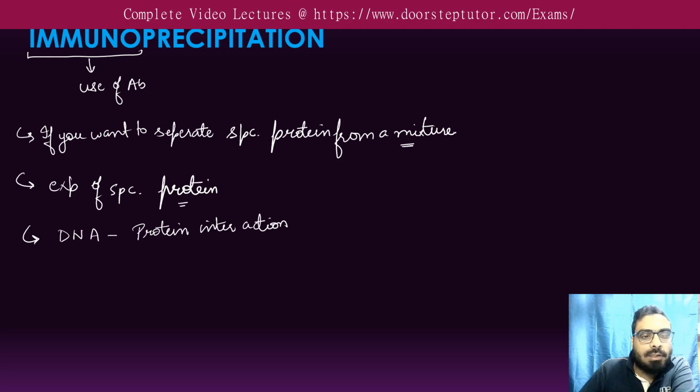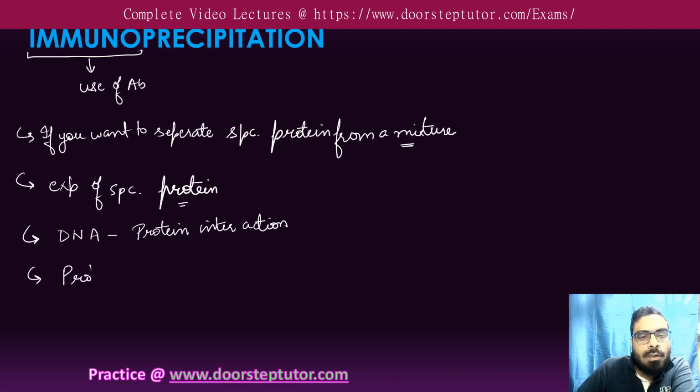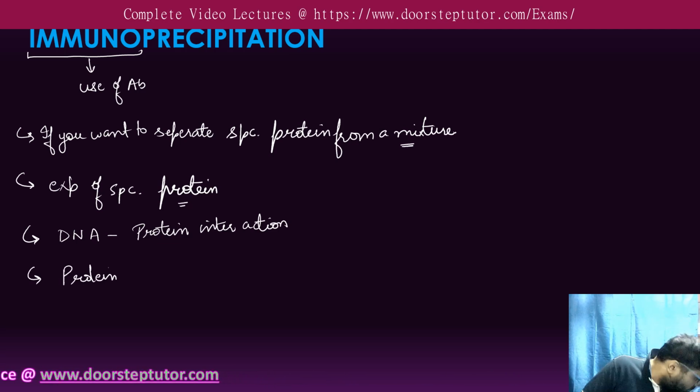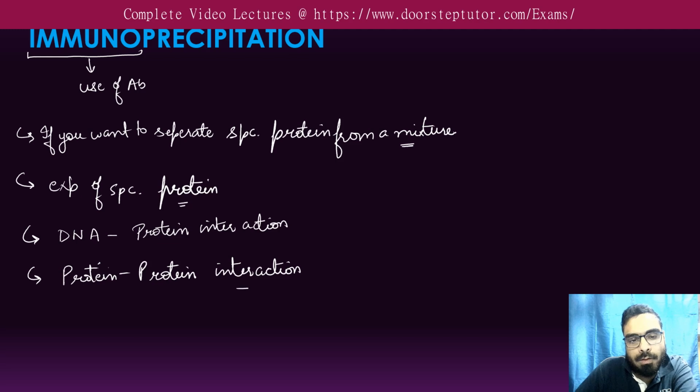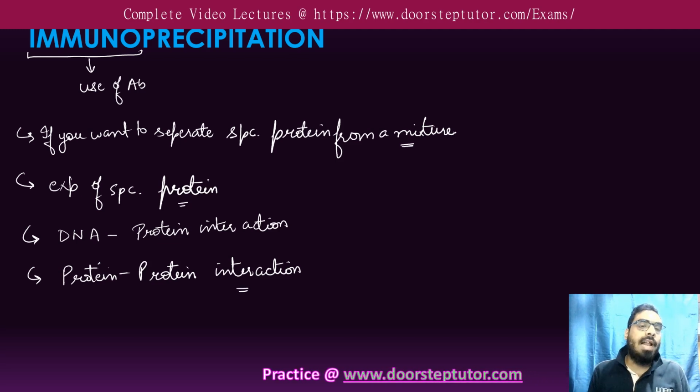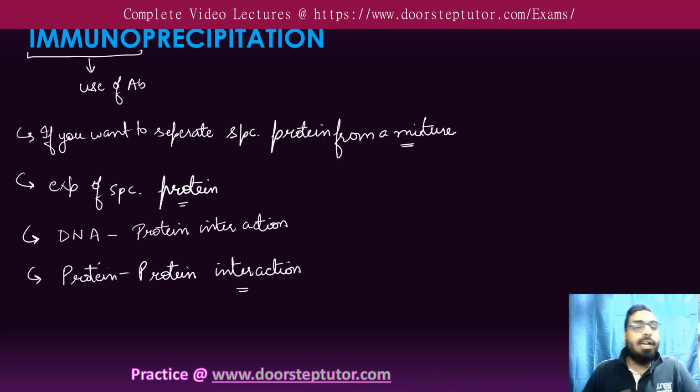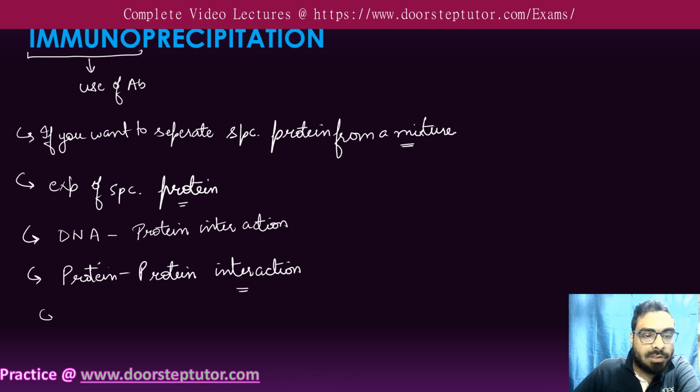chromatin immunoprecipitation. And finally protein protein interaction can also be seen. Okay, so all these types: DNA protein interaction, protein protein interaction, or it may be protein RNA interactions.